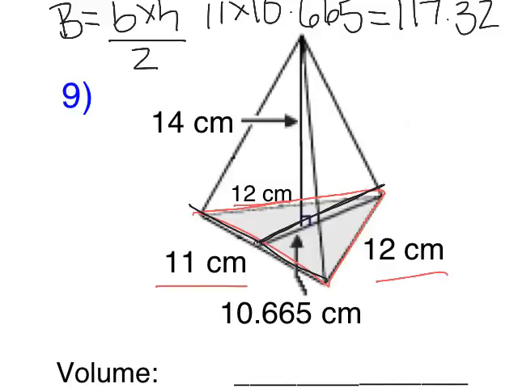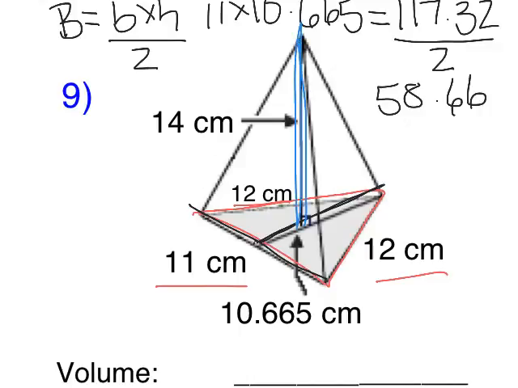Now remember, we still need to divide that by 2, so we have the area of that base triangle, and that's going to give us 58.66. So now we've got that 58.66. So now we've got the base of our triangular pyramid. So with that 58.66, we can now multiply that by our height. So this is our height right here. And they gave us 14 centimeters. So we take times that 14.